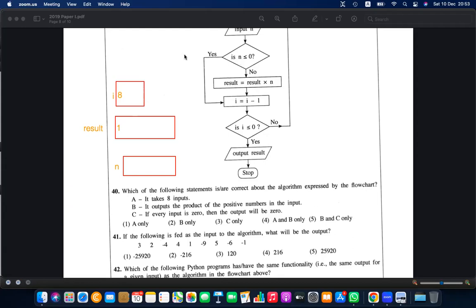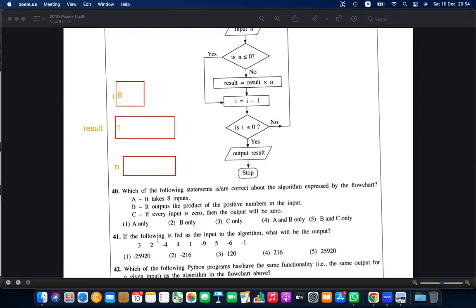So what about question 41? If the following is fed as the input to the system, what will be the output? It is multiplying the positive numbers. We learned the algorithm. The input is 3, 2, minus 4, 4, 1, 5.